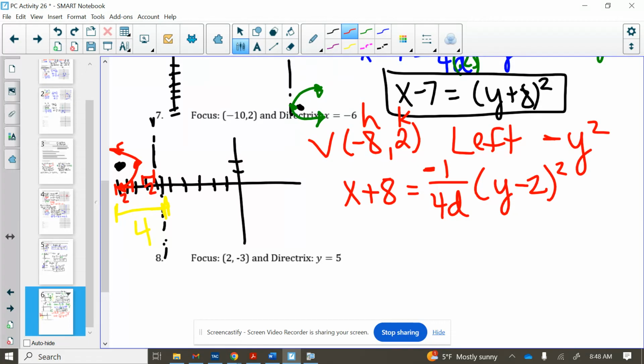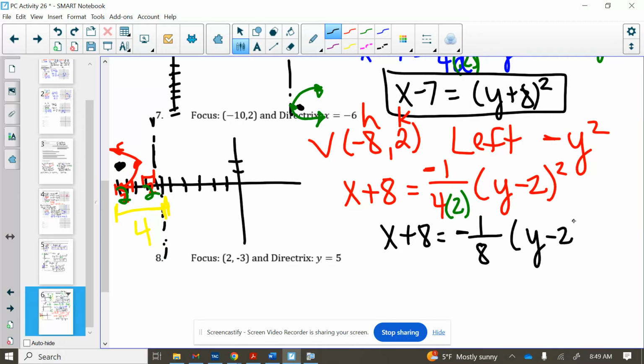Well, this time our parameter d we know is 2, because again, we are 2 units from either the vertex and the directrix or the vertex and the focus. So 2 is what we'd plug in for parameter d. And last but not least, always simplify. Again, we are leftward facing, so we need that negative. And then y minus 2, quantity squared.